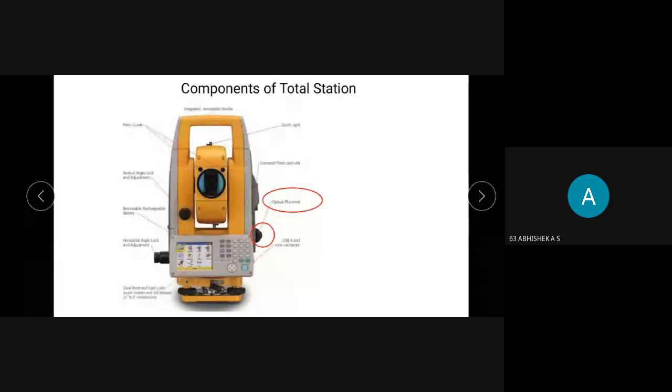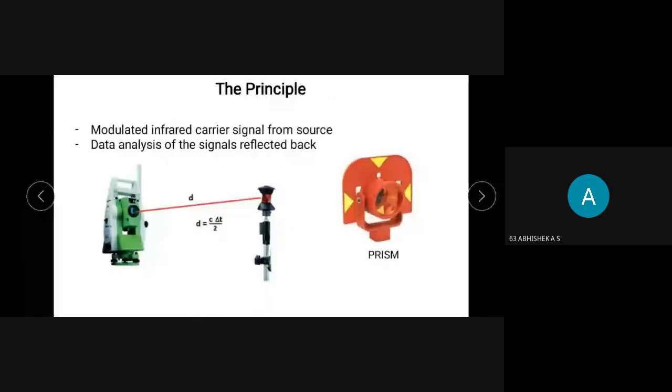It is one of the operations done during the primary setup of the instrument during surveying. The optical plummet is one of the components used for the centering of this total station. So hope you understand. Is there any doubt? So this is our instrument.